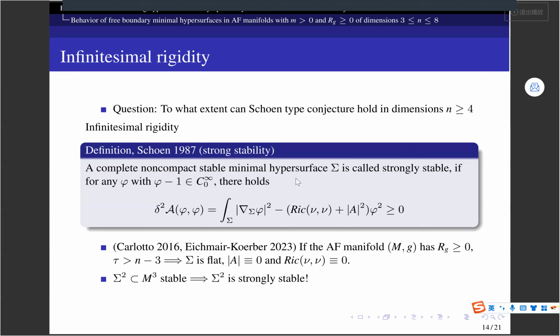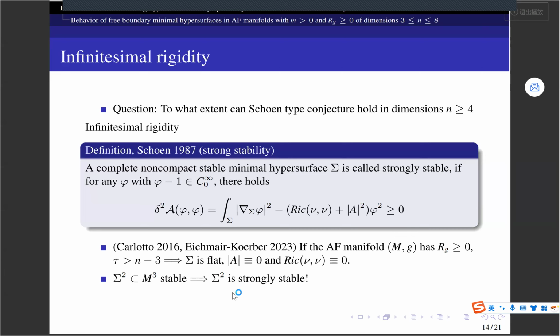So this means strongly stable can give a rigidity for the hypersurface combined with the scalar curvature condition. And in dimension 3, a very special point is that when sigma is stable, then it is automatically strongly stable. So this is one of the reasons why in dimension 3, the rigidity can be so strong.